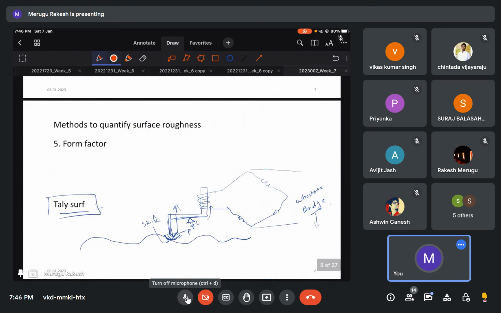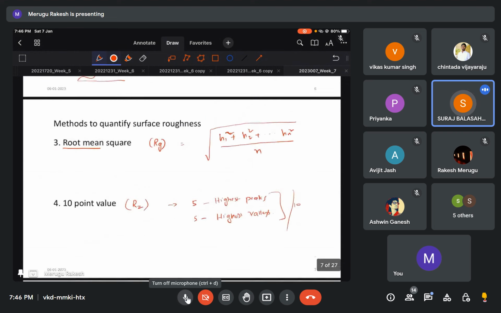Sir, what was the notation for root mean square? Rq? Yes, Rq. Sir, in case of root mean square also, only the magnitude matters. Yes, of course. We have squares also, so it doesn't matter, but you have to take only the magnitude everywhere.